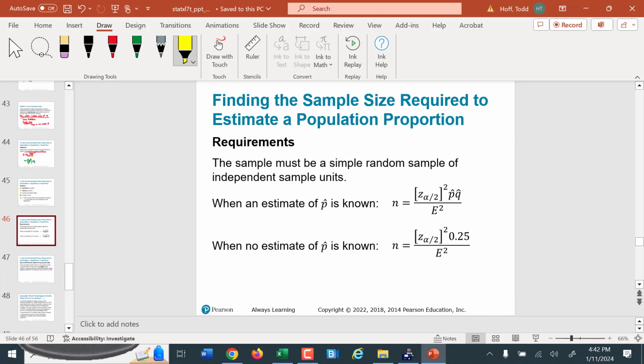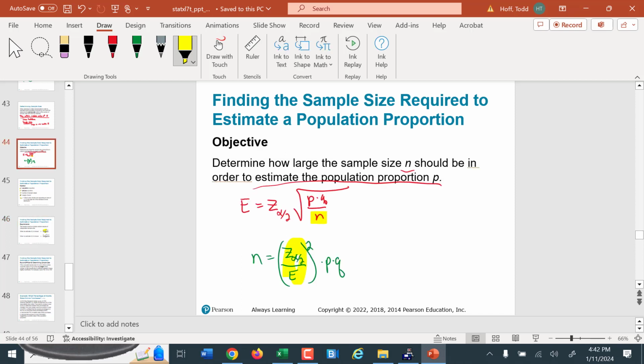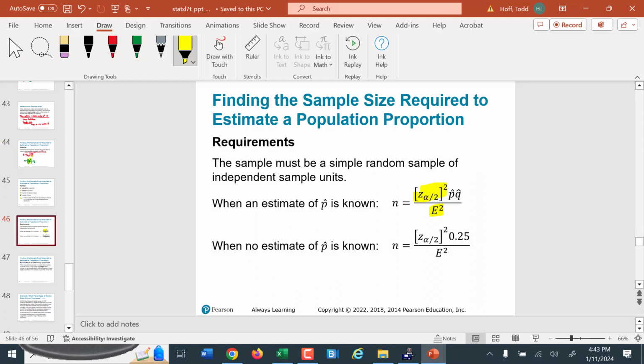Now they separated it out as Z sub alpha over 2 squared and the margin of error squared. I put the Z sub alpha over 2 over the margin of error and squared them after I divided it out. It's the same formula, just arranged slightly differently. If we know an estimate for P hat, we use it in this formula to find P hat and Q hat.